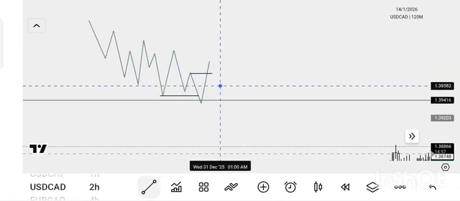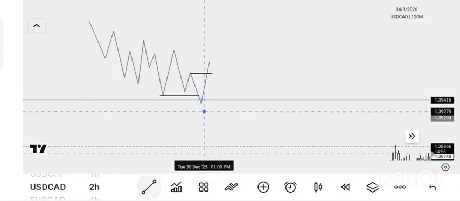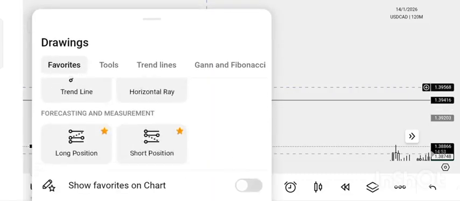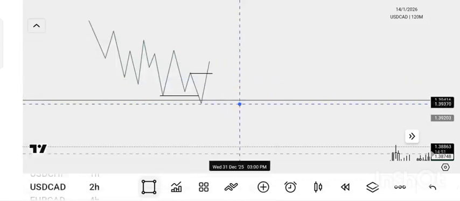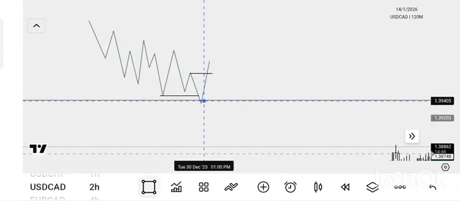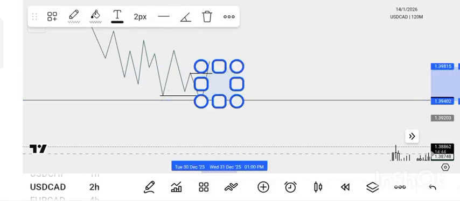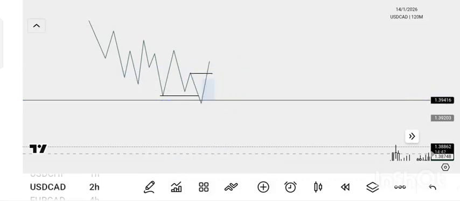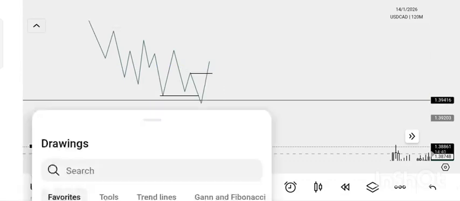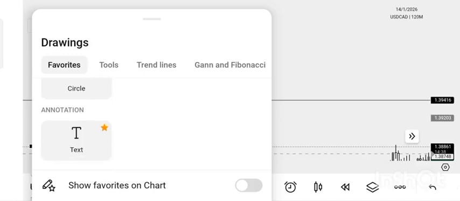But how we know is the candle closure. Let's say price comes like this and creates a bullish candle from this particular key level.